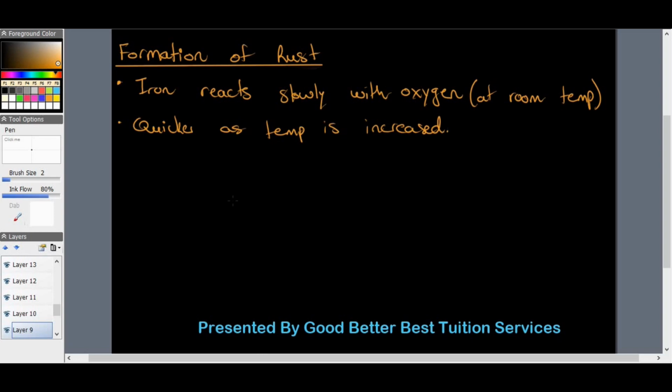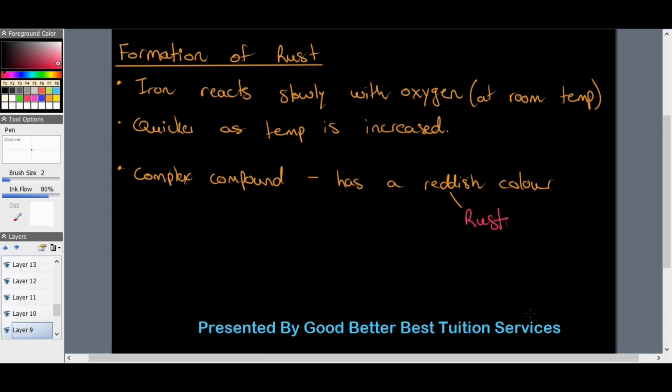This complex compound has a reddish or reddish-brown color, which we see appearing on the metal. This is what is known as rust.